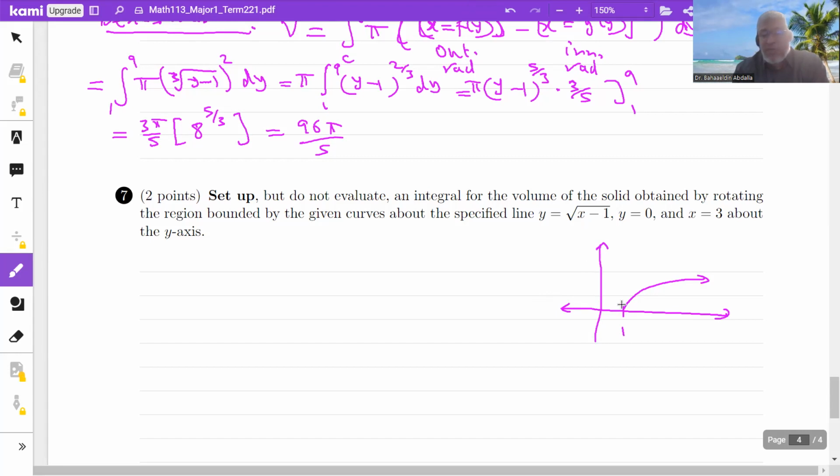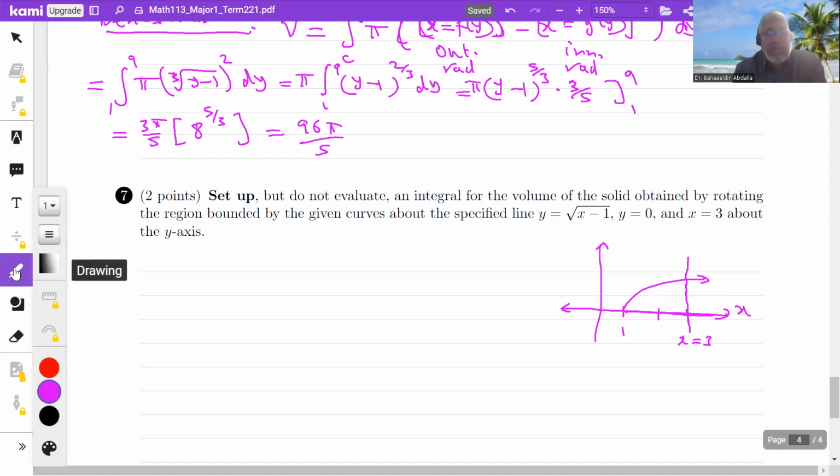If you put x equals 0, y, if you put x equals 1, y equals 0. So that's the graph. y equals 0 is this line, the x-axis, and x equals 3 is this line, the vertical line, x equals 3. So this is the region we are talking about. We need to rotate this region about the y-axis.